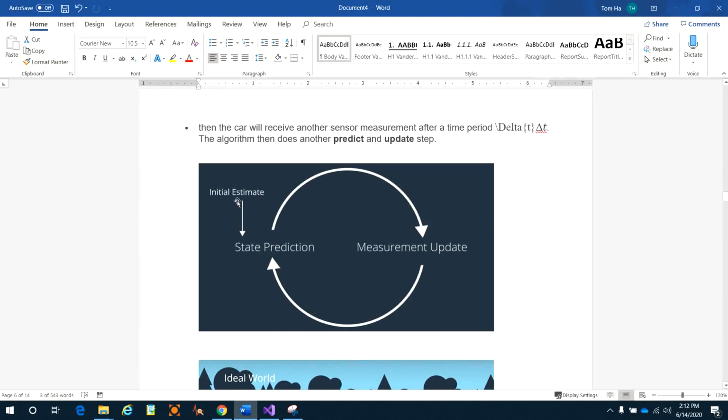They start from the state prediction with the initial estimate, and after the first measurement they update the value, then continue with prediction, then the next measurement and update, and continue with state prediction. This is continuous.